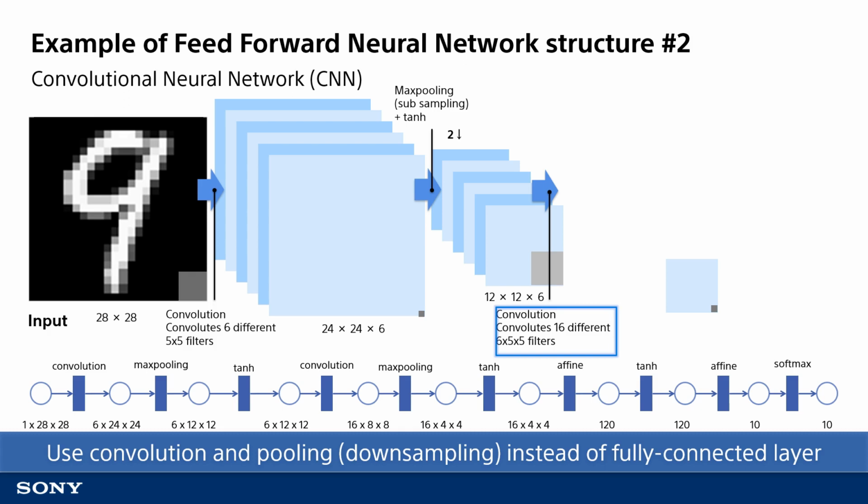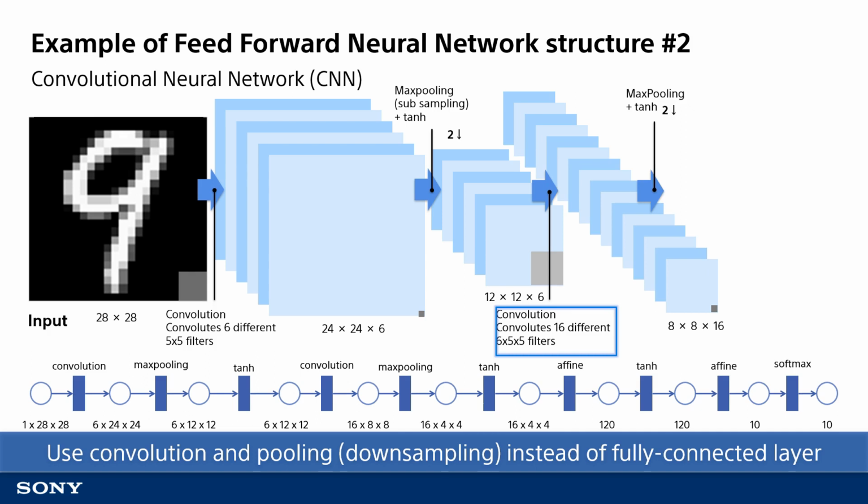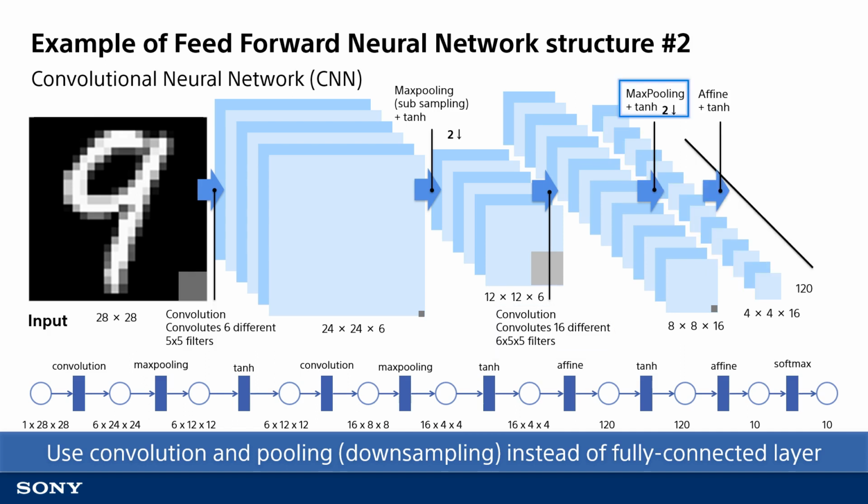This filter also uses multiple filters in the same way as earlier. In this case, 16 filters are used in total to output 16 8 by 8 pixel images. Now, we'll run max pooling again to halve the resolution, in other words, to 16 4 by 4 pixel images with half the height and the width.